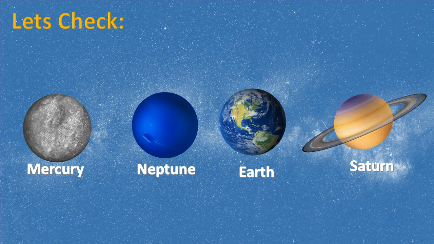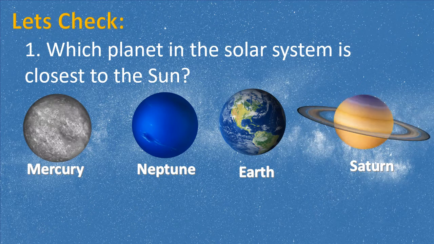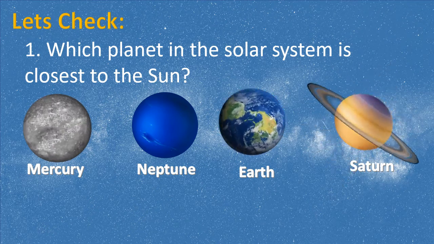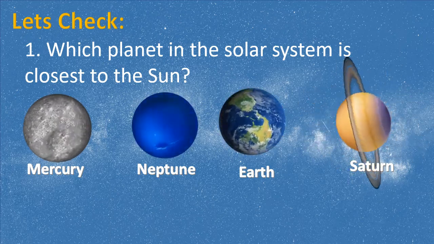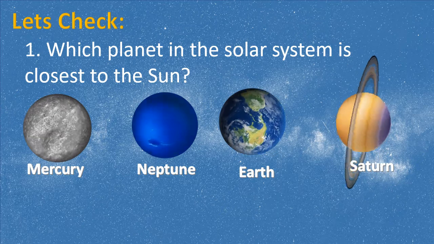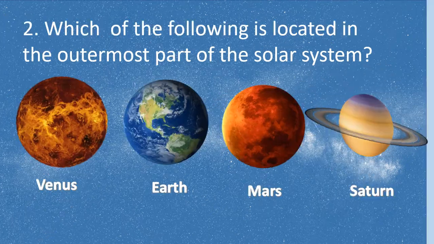Okay, let's check if you really learned in our lesson. Number 1, which planet in the solar system is closest to the sun? Is it Mercury, Neptune, Earth, or Saturn? And the answer is Mercury. Very good.